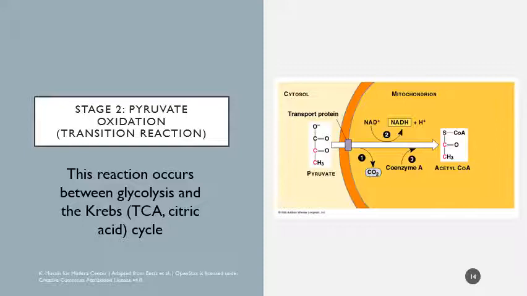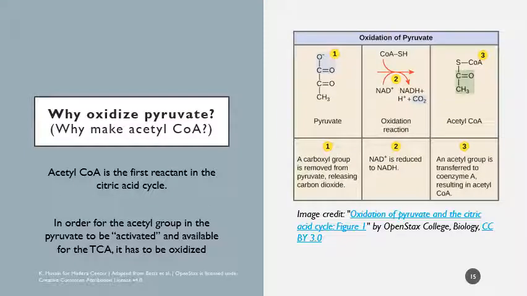So between glycolysis and the Krebs cycle, we have this pyruvate oxidation, this transition reaction occurring. We're starting out with pyruvate, we're ending up with acetyl coenzyme A. The reason for making acetyl-CoA and modifying that pyruvate is that acetyl-CoA is the first reactant in the citric acid cycle.